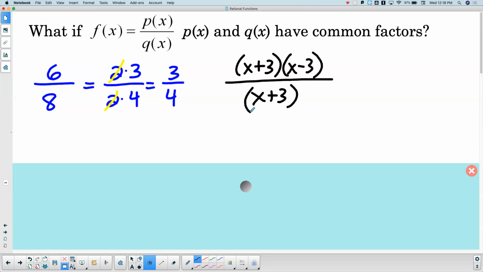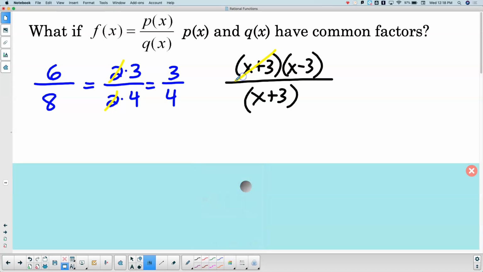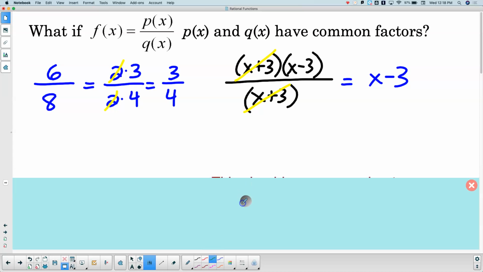Okay. So then you just have x minus 2 over 1. Right? What if it's like this? Gotta think of a good one now.